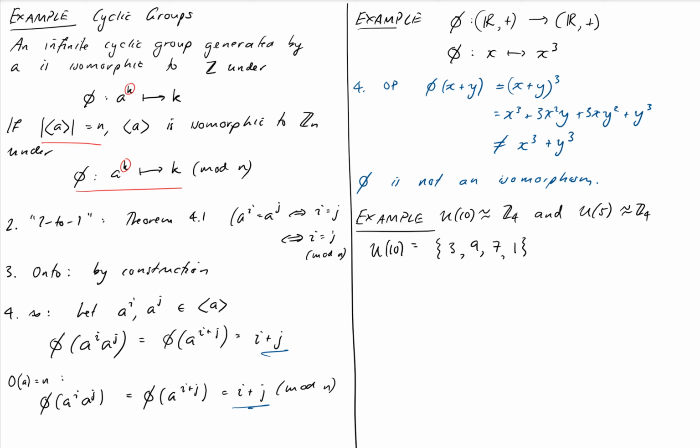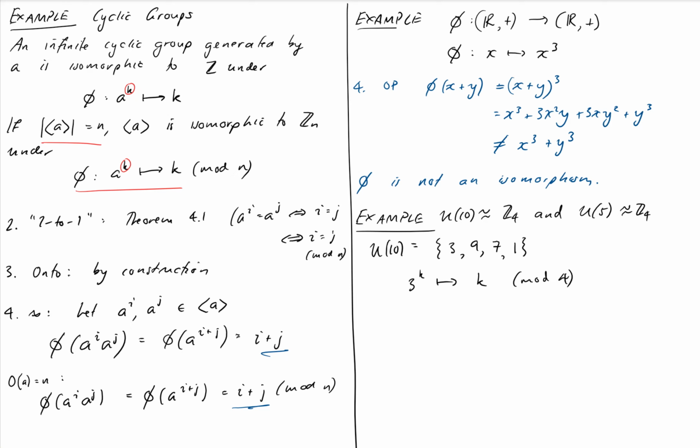So 3 is a generator, and therefore U of 10 is isomorphic to Z4 under the isomorphism 3 to the k is mapped onto k mod 4. Because the order is 4, for example 3 to the 5 will be mapped onto 1.